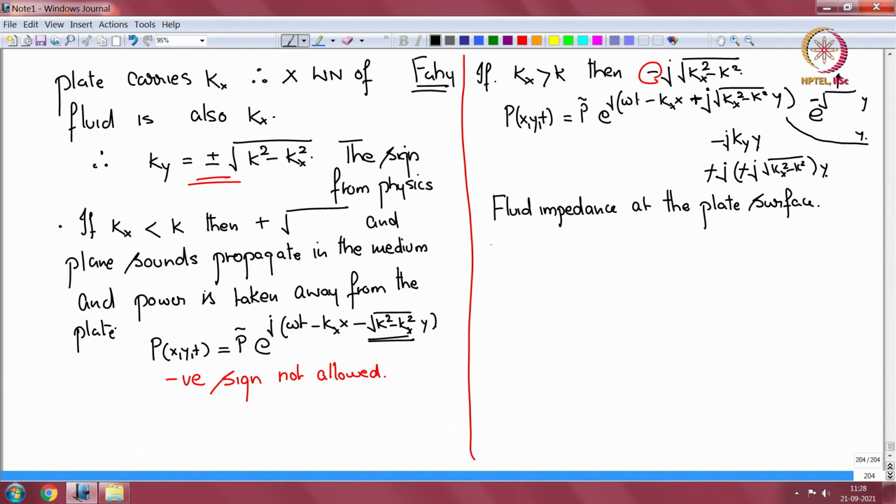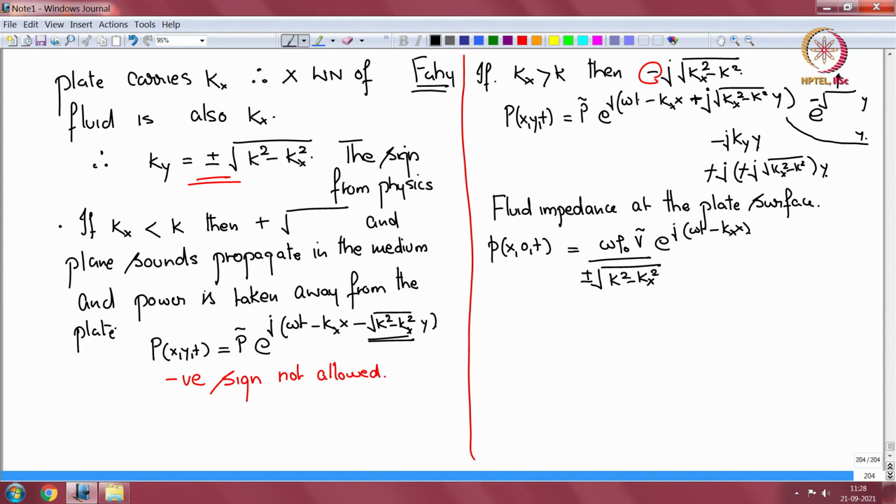Okay, which means the pressure at x, y equal to 0, t, is given by omega rho 0 b tilde e to the power of j omega t minus kx x, divided by plus or minus square root of k square minus kx square.